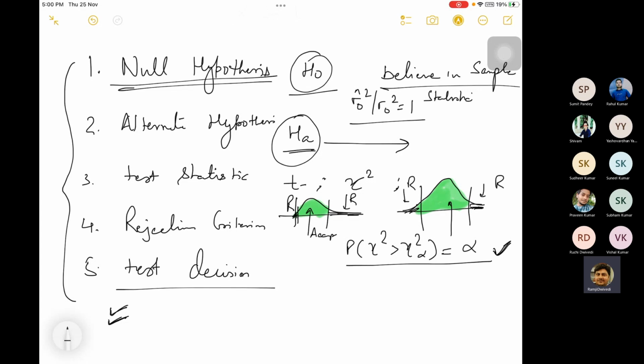Whenever a test decision is made concerning the null hypothesis, there is a possibility of making a wrong decision sometimes, isn't it? Because when we decide whether we are going ahead with our null hypothesis, sometimes we go with a false positive also.